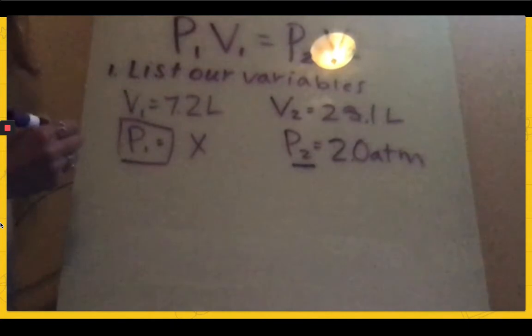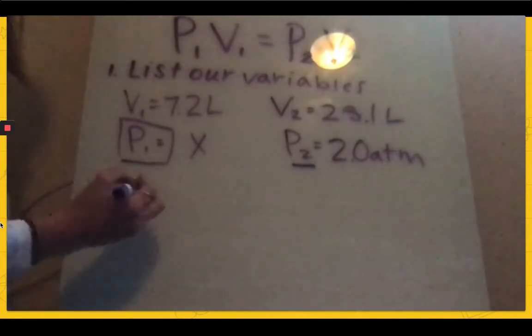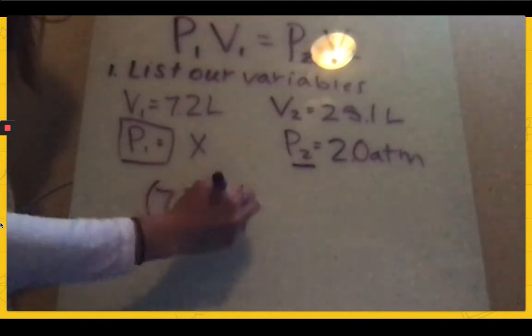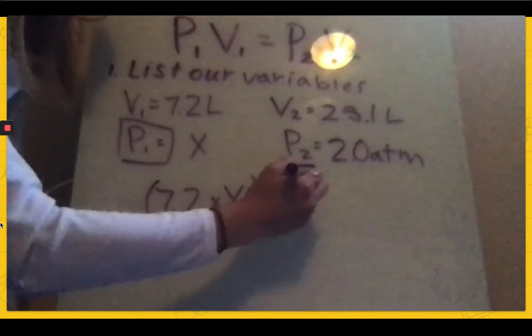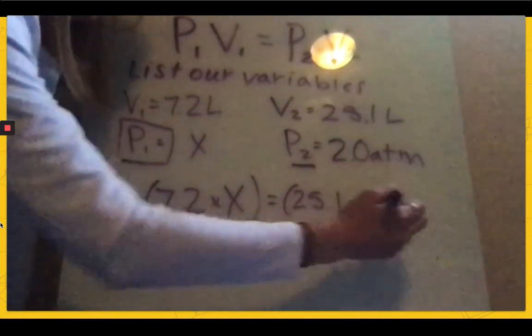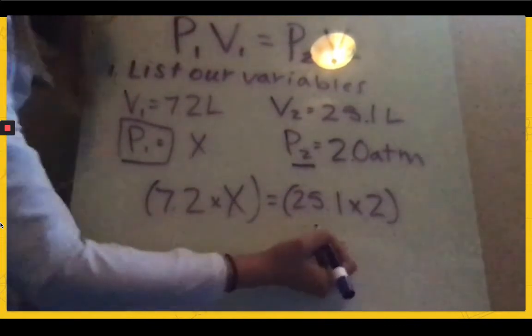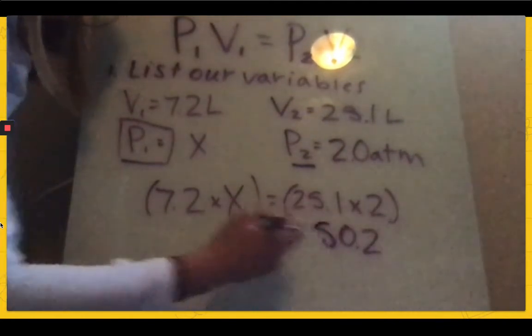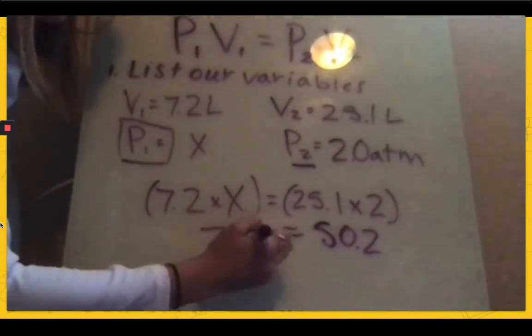Just like before, our next step is to plug in our variables. So we will have 7.2 times x equals 25.1 times 2. We'll solve this to get 50.2 equals 7.2x.